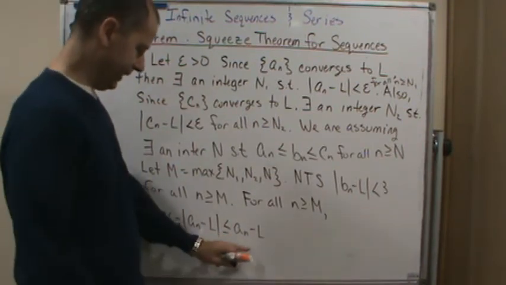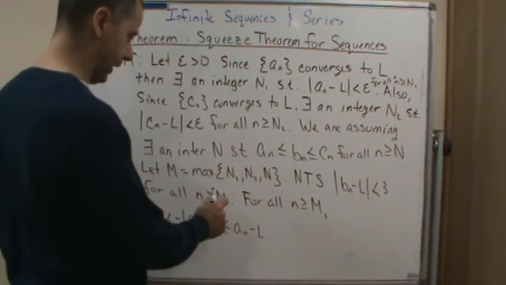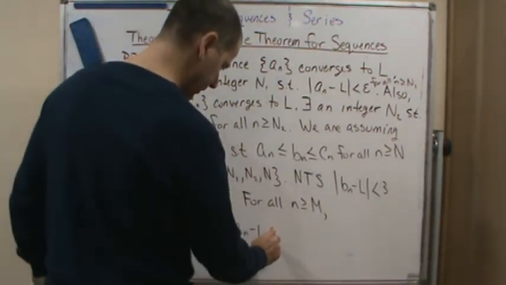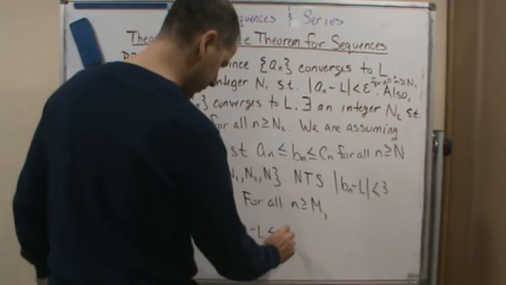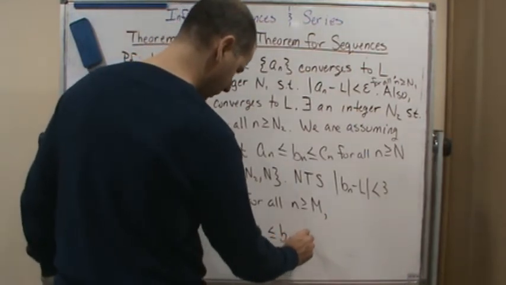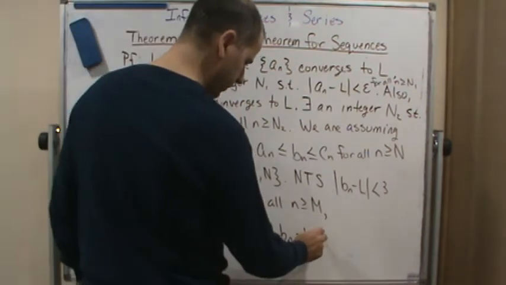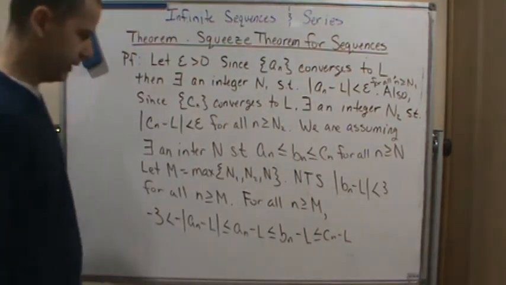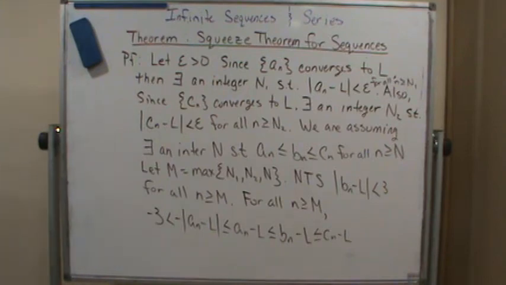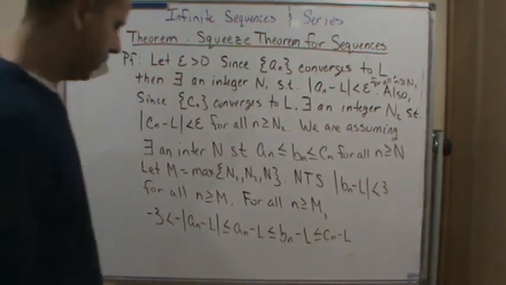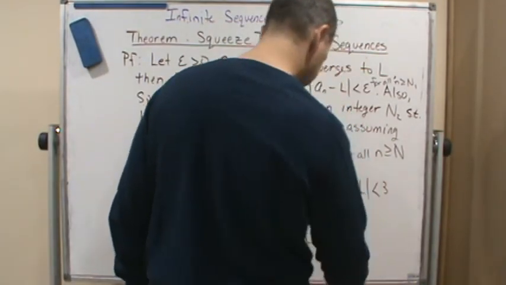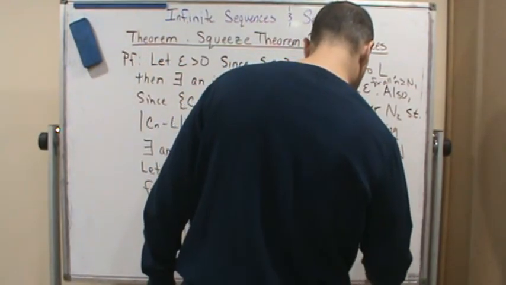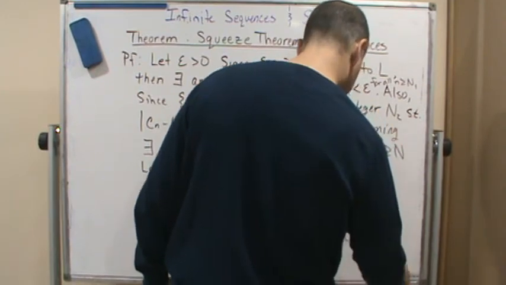And because of this assumption, we know this has to be less than or equal to b sub n minus L, which also has to be less than or equal to c sub n minus L, which is less than or equal to the absolute value of c sub n minus L.